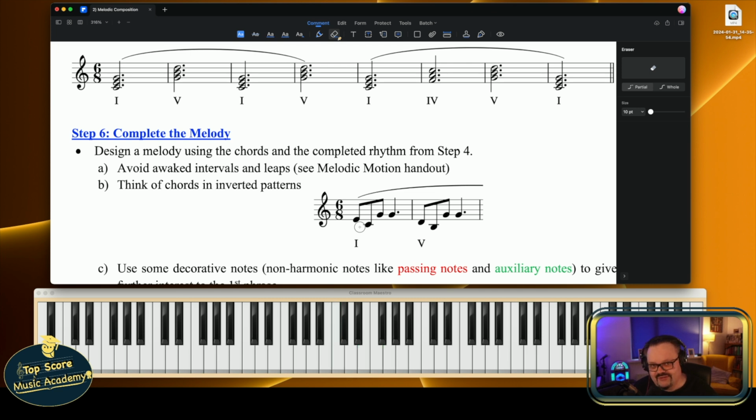And for bar 2, we've got the same idea, although if we look to see what the lowest note is, it's now B. So maybe we could think of that bar as a chord 5 first inversion, with the B as the lowest note. So that's what I mean by think about chords in inverted patterns.